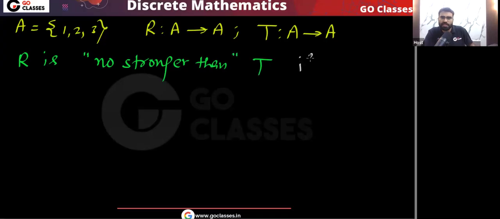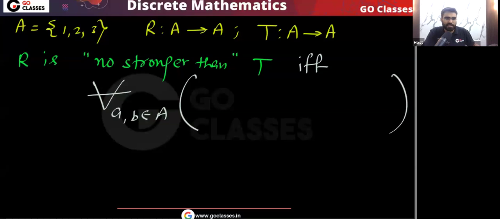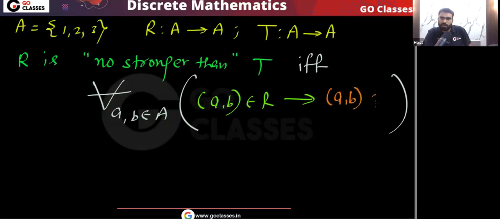R is no stronger than T if and only if, for all A, B in our base set, if any ordered pair (A, B) belongs to R, then this ordered pair should also belong to T.